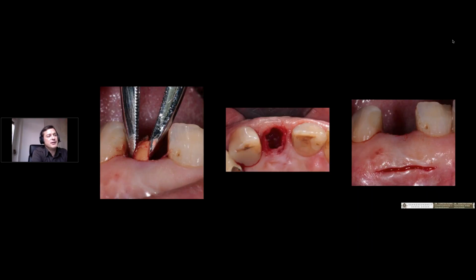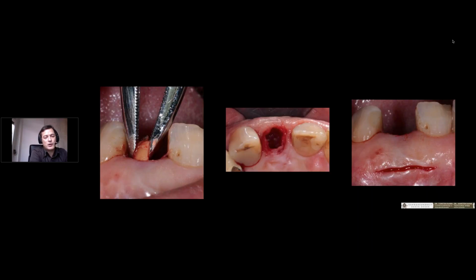This is a very difficult case. You see here we are making another incision on the buccal side, because if you look inside, we have a very good bone situation at the top of the socket, but on the apical side you have no bone. But this is new for us. We have been changing this for the last 5-6 years. If you have a good situation on the top, it is no problem if you have no bone on the apical side.